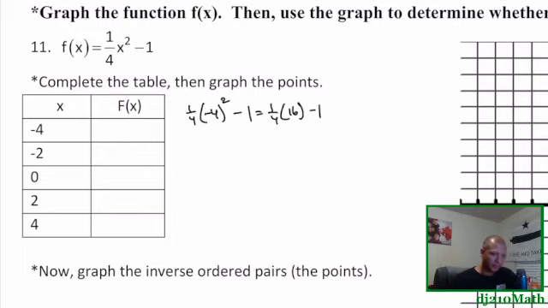So 16 divided by 4 is 4, and 4 minus 1 is 3. Right, this cancels and makes 4, but 4 minus 1 is 3.